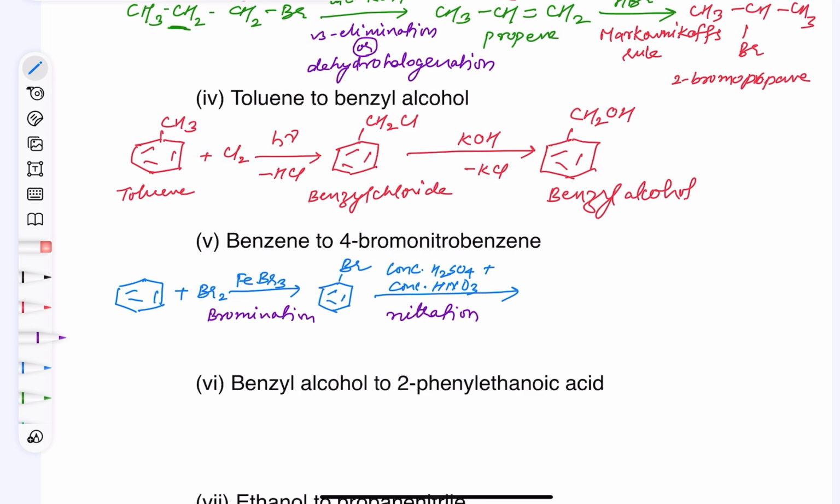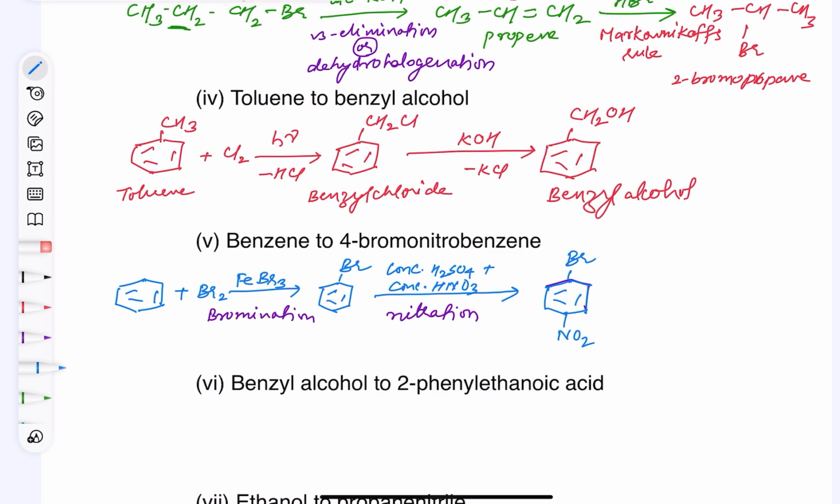Here an electrophilic substitution reaction will be taking place, where the electrophilic ion, that is NO2 plus, will be formed, which will attack the bromobenzene and take its place at the para position. So you will get para-nitro bromobenzene, which is formed as the product required.